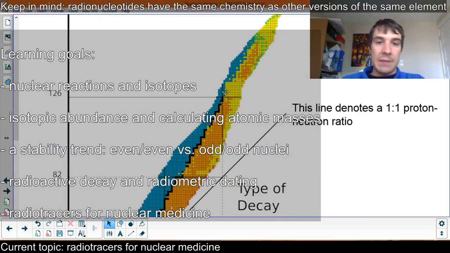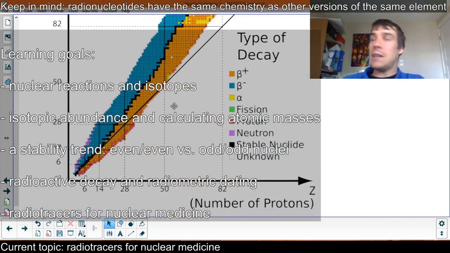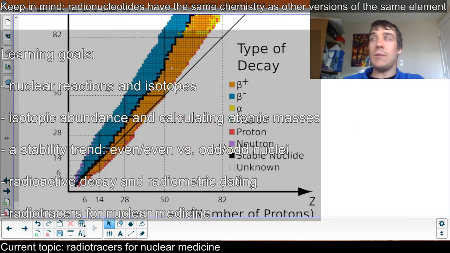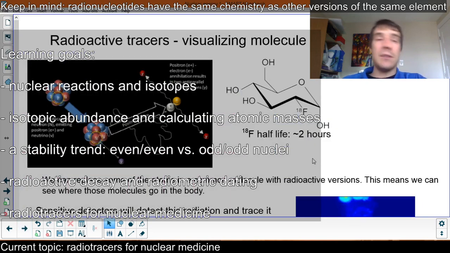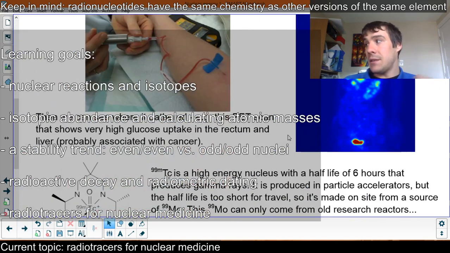We talked about different types of radioactive decay, different modes of decay, and how it helps it get back towards this stable black line there. And then radiometric dating, like carbon dating you might have heard of. And we just finished talking about radioactive tracers. So that's like 42 minutes of content.